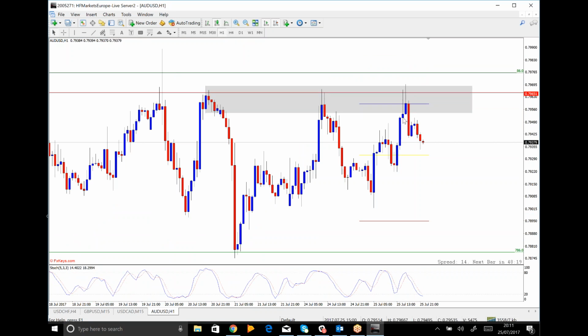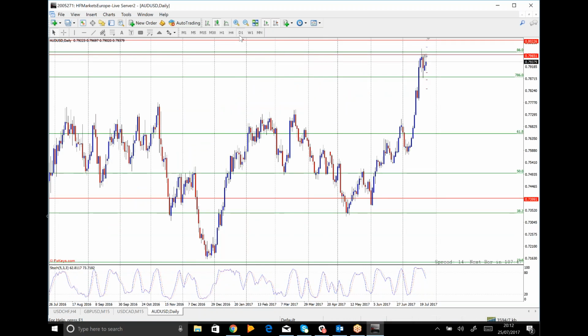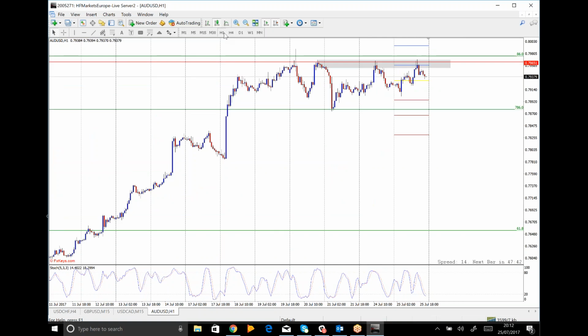This is our zone of respect right now. We've broken so much structure previously. I want to see this in terms of days. So much daily structure has been broken, and then the market sort of rallied back to the point of origin. Daily stochastic still overbought. I would suggest that we're looking at another drop.